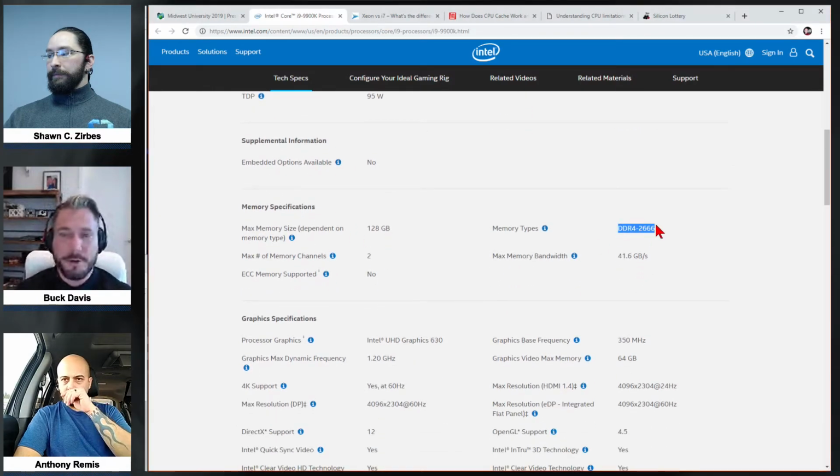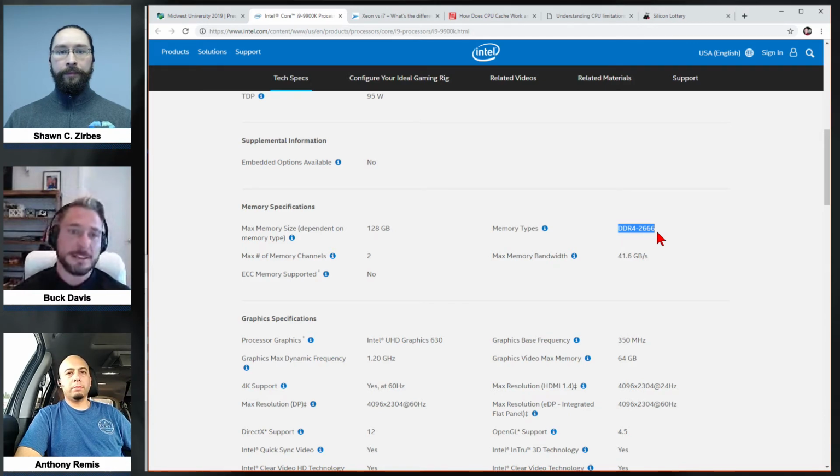We put a higher speed RAM in, and one thing that overclocking does is it helps the chip's internal memory controller speed up as well. So if you're not overclocking and you're putting faster RAM in, you don't see as big of a benefit of that higher speed RAM as if you're overclocking. It all comes together. It's all symbiotic.